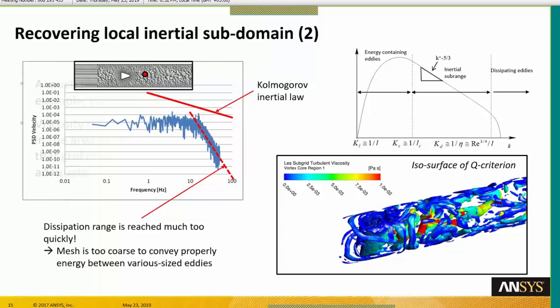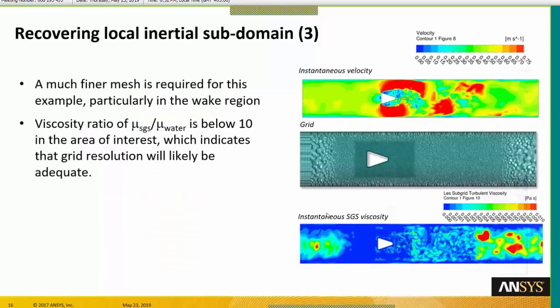Why? Because when we do this kind of extraction in the wake, which is supposed to be extremely turbulent, we know that we can expect a trend of decay for the velocity spectrum, which is following the Kolmogorov inertial law. And this Kolmogorov inertial law says that you will have a trend with a slope of k steeper.